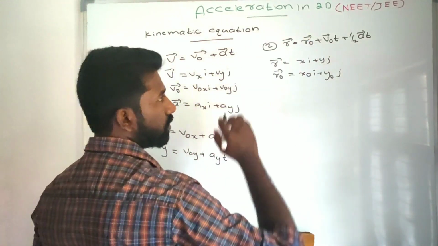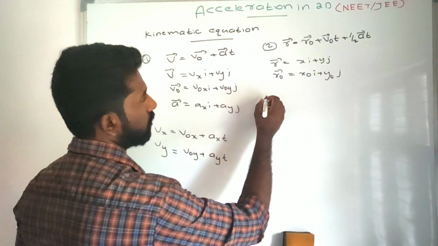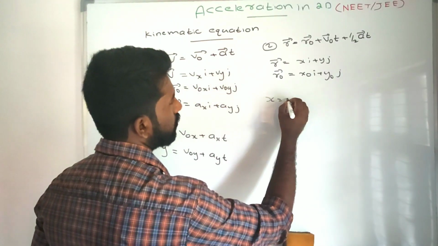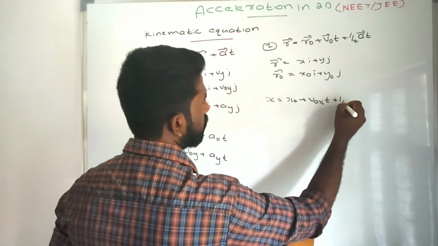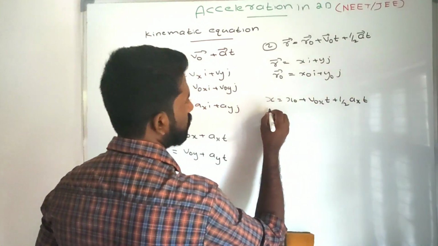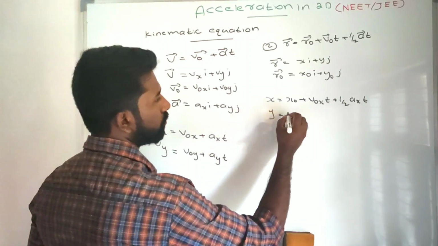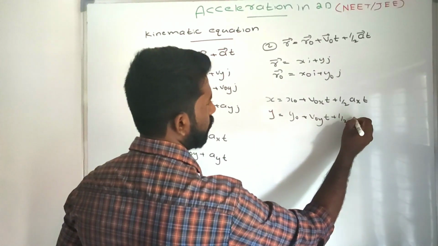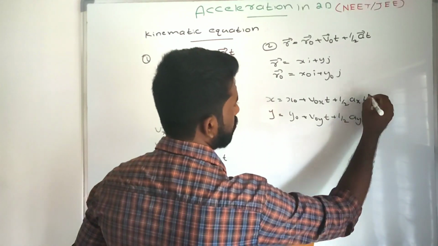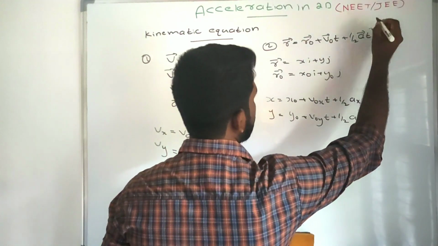Okay, v naught is the initial velocity vector, a is the acceleration. Okay, so x we can write as x naught plus v naught x t plus half ax t square, and in a similar way y is equal to y naught plus v naught y t plus half ay t square.